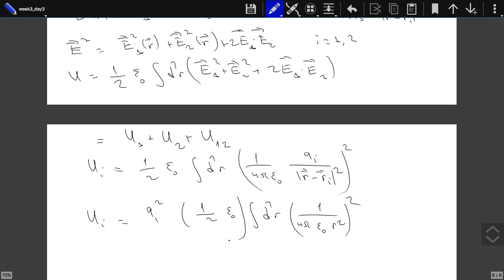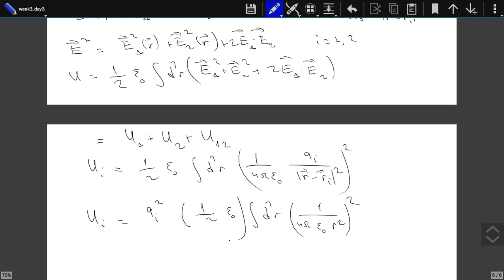But you see, this is constant. So it is independent of the other charge. If you calculate U1, it only depends on Q1 squared, and it doesn't depend on Q2. So it doesn't depend on the configurations I have. So when I'm calculating the changes in the potential energy, this term will just drop.